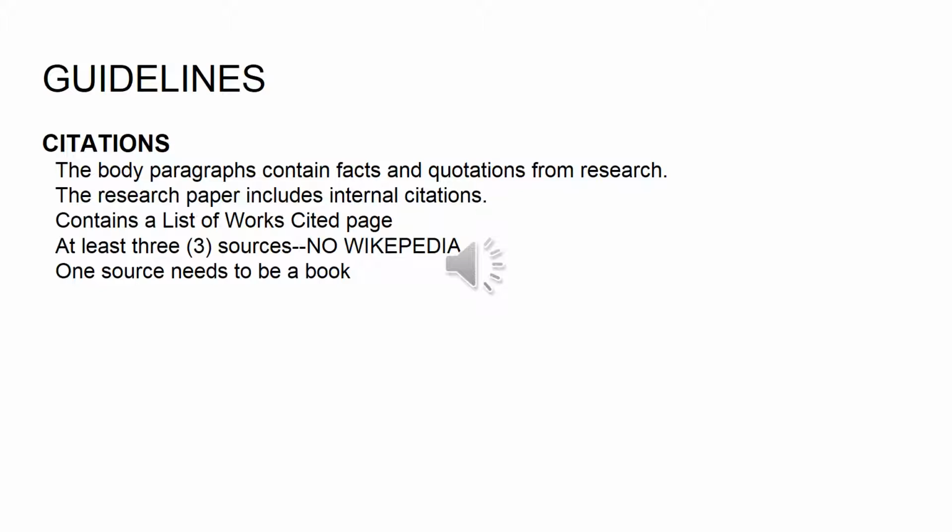And then the list of works cited is going to have the detailed list of your sources, again, that you extracted the quotes and summaries from. And hopefully you'll have at least three sources, none of which will be Wikipedia, okay? And one of the three sources needs to be a book. If you have questions about that, definitely reach out to your instructor.